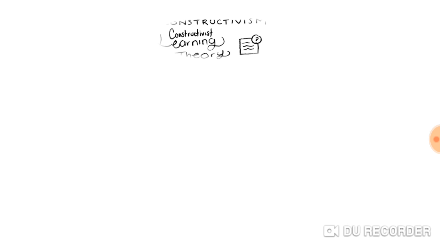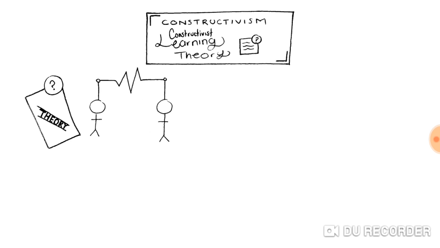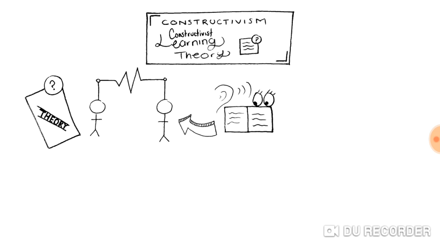Now, I am going to talk to you about constructivism. Constructivism, learning theory by Jerome Bruner. It is a theory of communication and suggests that each listener or reader will potentially use the content and process of communication in different ways.